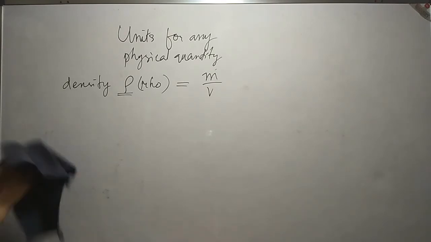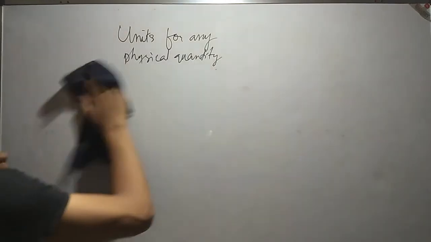Now moving on to the next one, that is significant figures. What are significant figures? Significant figures are the digits measured from any physical quantity, the values about which we are certain.